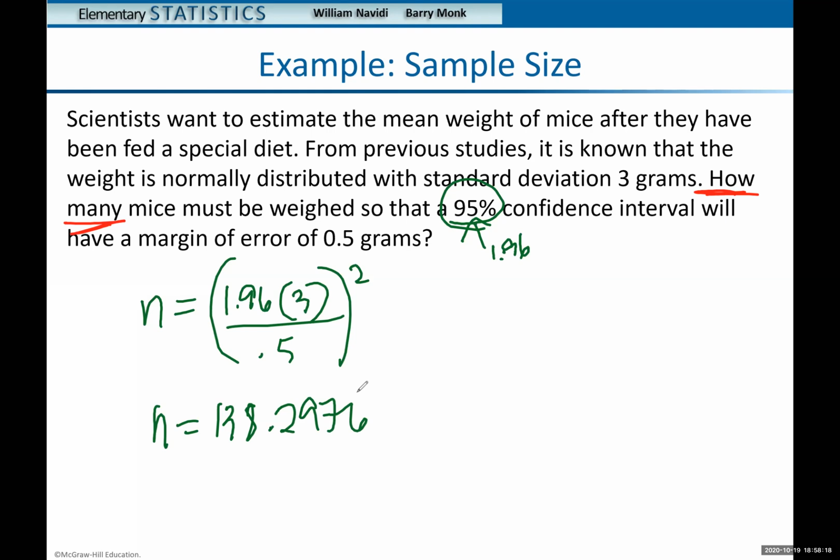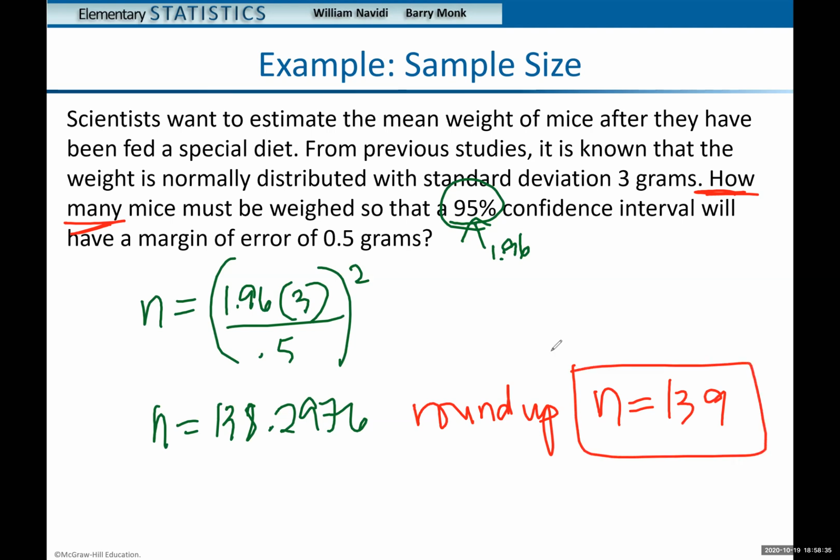And again, you see you have decimals here, and you should always round it up to a whole number. So n is equal to 139. Okay, because we don't have 0.2976 of a mouse. So how many mice? That is 139. Any questions?